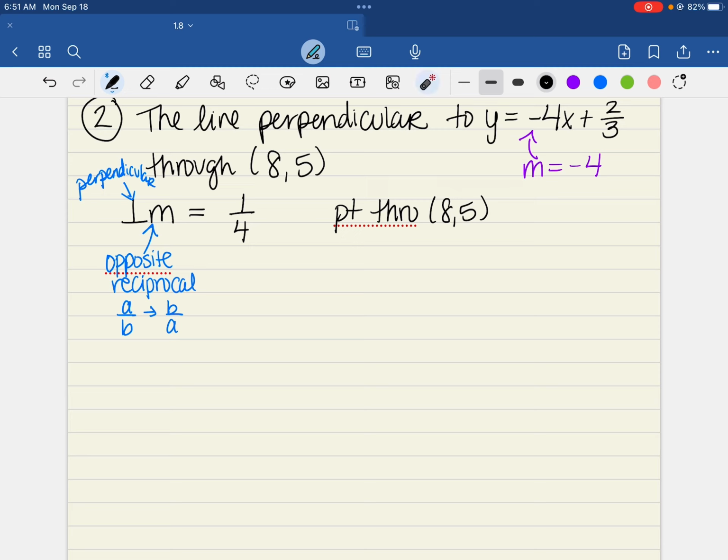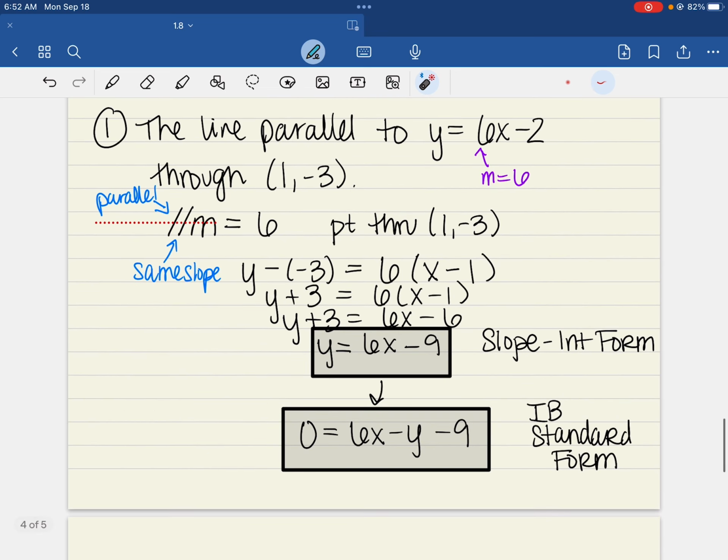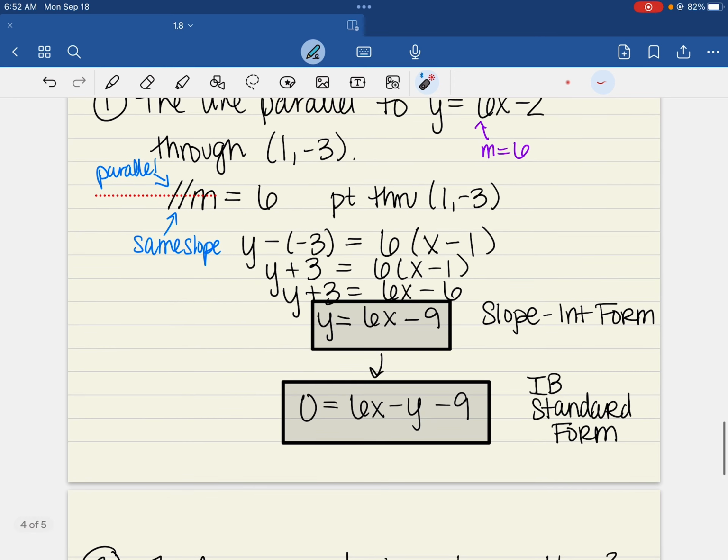So we're going to take our point and our perpendicular slope, and use the same skills we did above, going through point slope form to get to slope intercept form and IB standard form. Go ahead and complete that now.